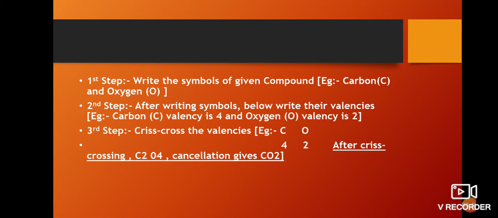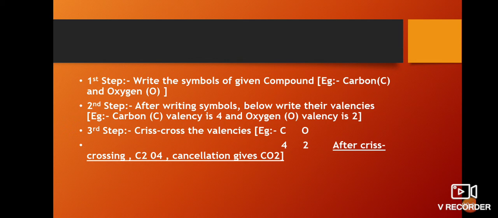So you have to write the symbols of carbon, that is C, and oxygen, that is O. So the first step is to write the symbols. Now what is the second step? After writing the symbols, below them you have to write their valencies: carbon valency is 4 and oxide valency is 2.